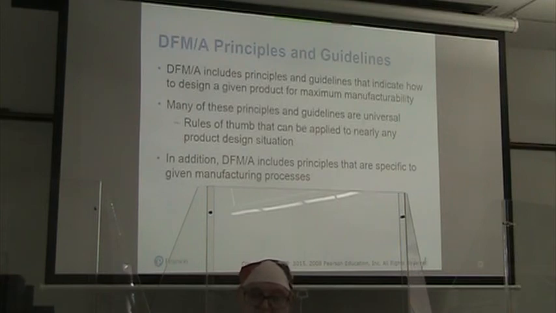Some of these principles and guidelines are going to be universal. In other words, they're going to be rules of thumb we can apply to pretty much any product design. The design for manufacturing and assembly is also going to have principles that are specific to manufacturing.